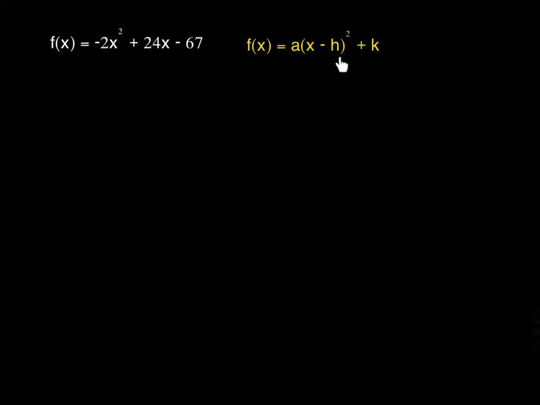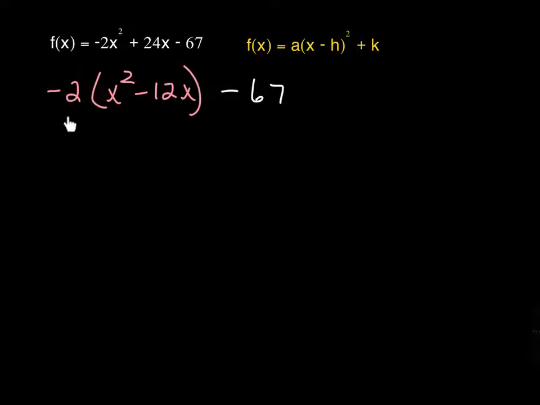So we're looking for a perfect square so that we can change these first two terms to become that perfect square. But we don't want the a inside that perfect square, so we have to factor that out. So that's what we're going to do first.